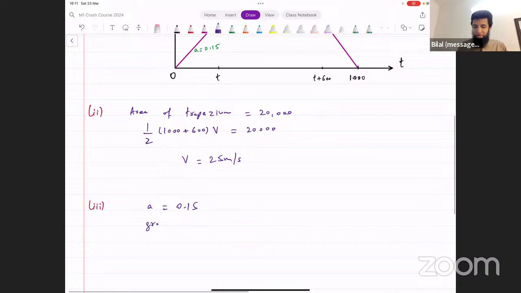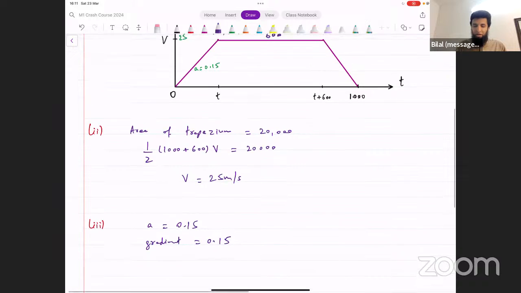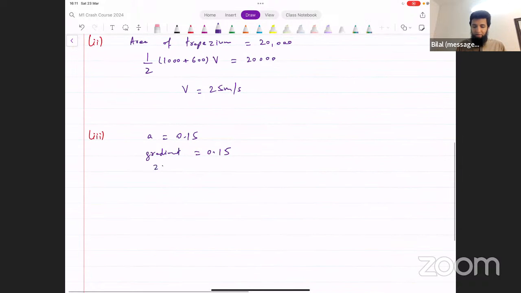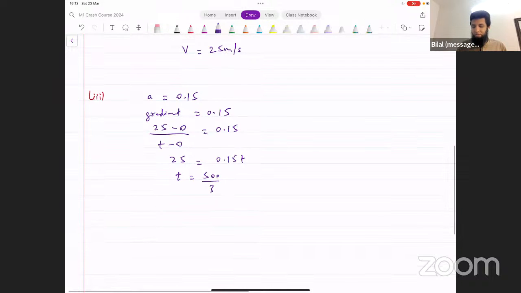That means the gradient equals 0.15. What's the gradient? 25 minus 0 divided by t minus 0. That should equal 0.15, and that should give you the value of t. 0.15 t equals 25, and t turns out to be 25 over 0.15. That's giving me 500 over 3. Or in decimals, that's 166.67.